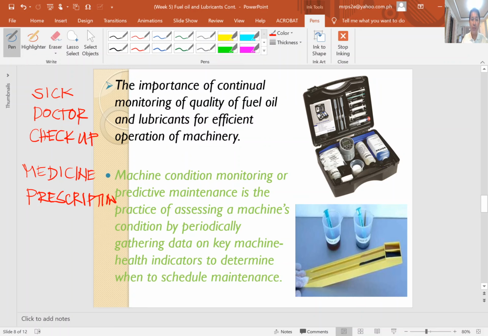But before that, the doctor first sends you to the laboratory. Then you will come back with your result.